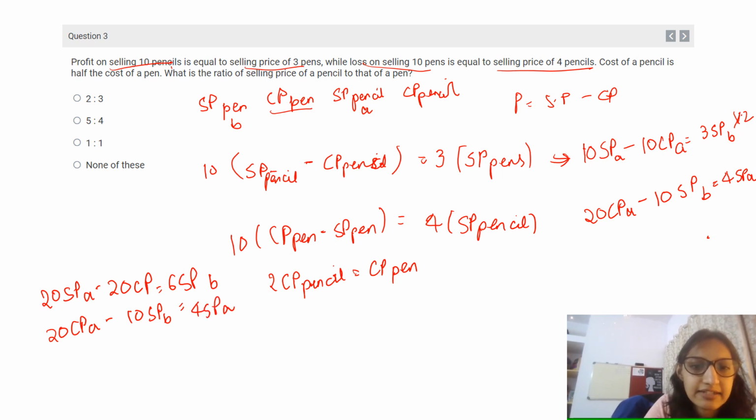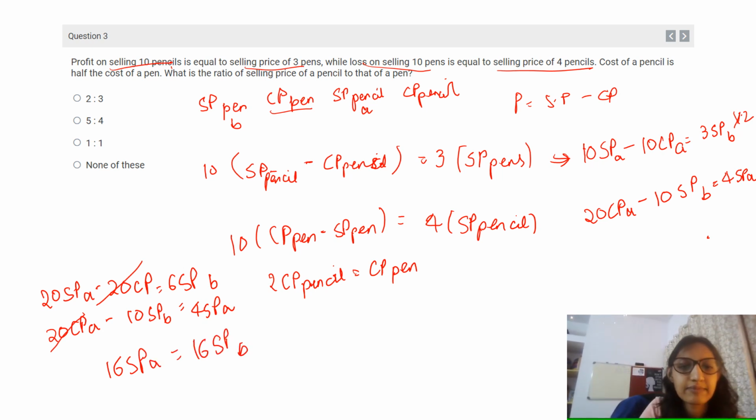Just adding these two equations you can cancel this out and you'll get 20 minus 4, that will be 16 SPA is equal to 16 SPB. So that means the selling price is the same for both of them, so that will be 1:1.